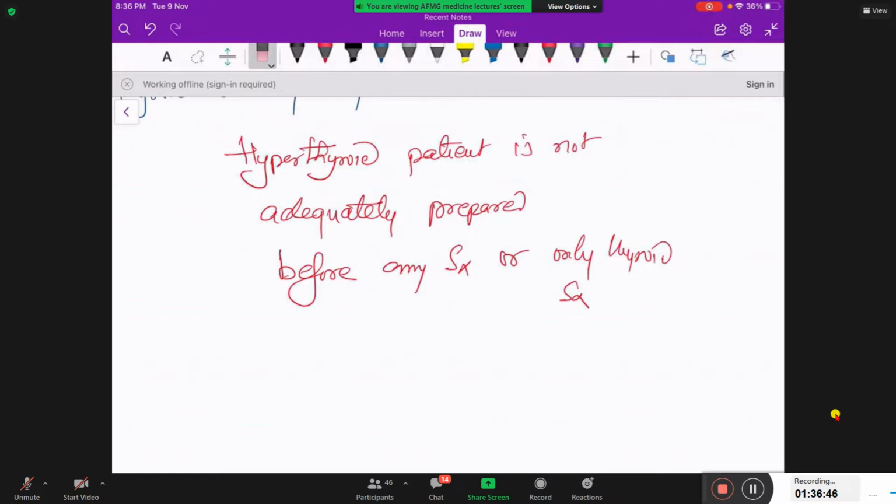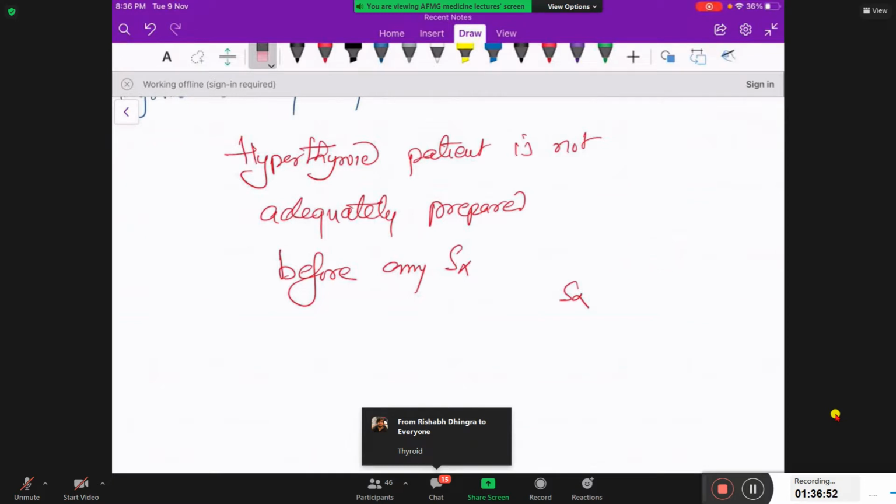Any surgery. But what is very important for us to know is that this problem will be more common when you are doing a thyroid surgery, because at that time you are manipulating a gland, and because of manipulation of the gland, more thyroxine is going to be released.